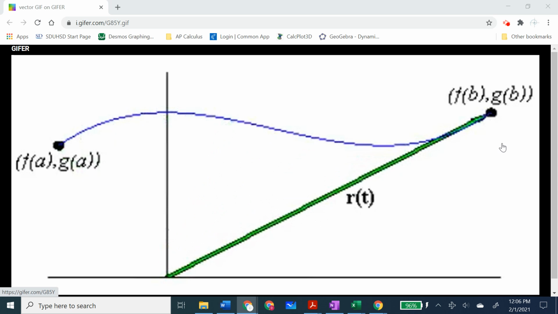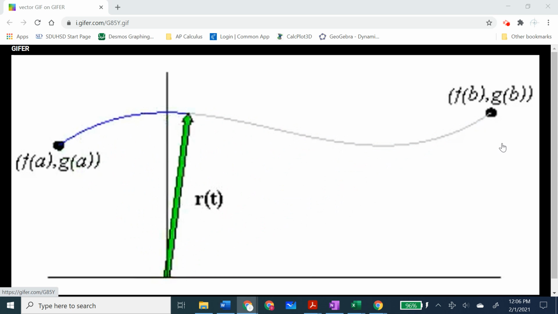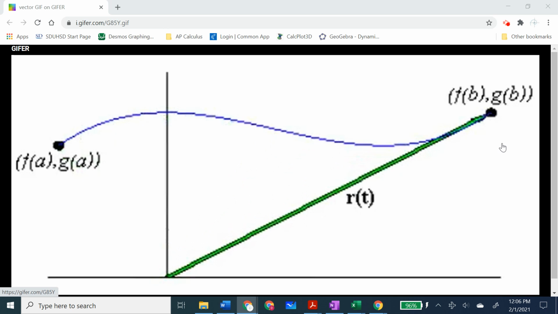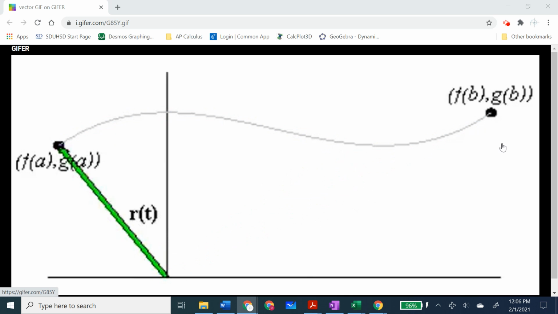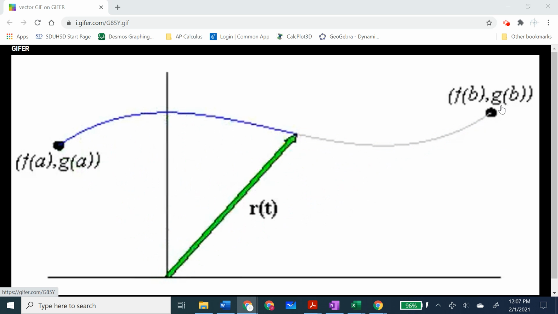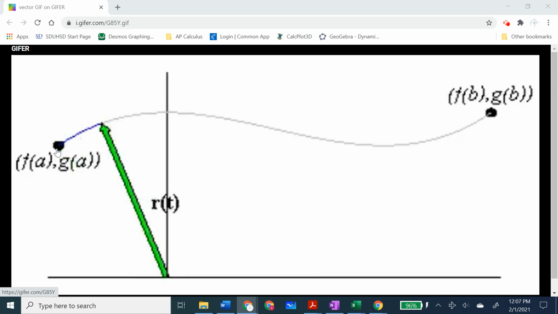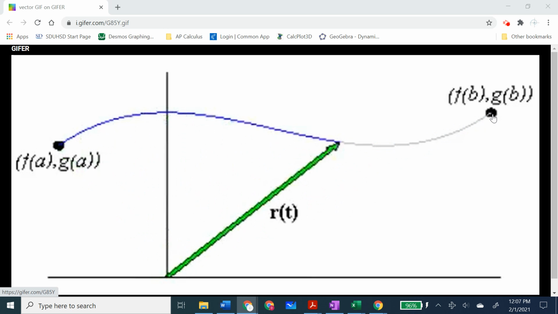So parametric and vector really are the same thing. It's just when you go into the physics applications of calculus, physics uses vectors. And all it is is going from an initial point to a terminal point.